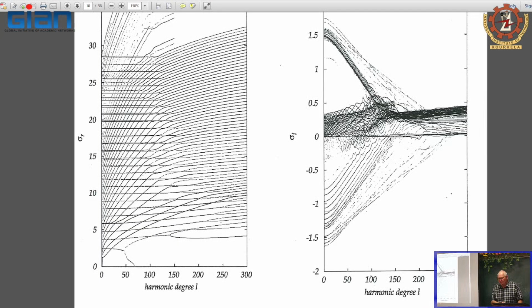So this might be the subject for further research. In detail, we do not yet understand how this pairing occurs, and what causes the modes to pair and what causes the modes not to pair.